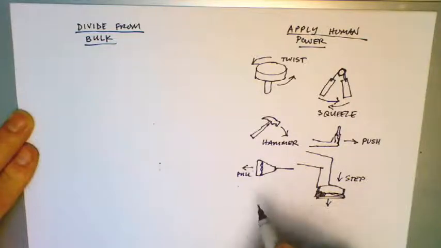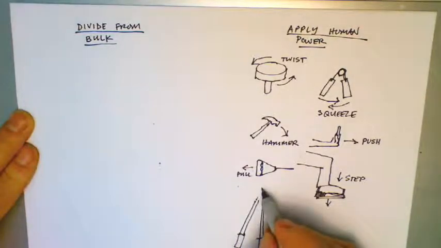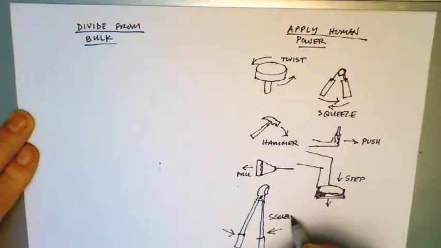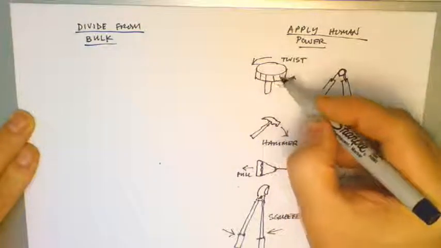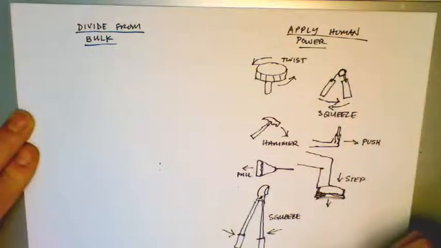We might imagine, and I guess it's a version of squeezing, but I'm thinking about the shears that are used in cutting branches that look like something like that. And that's kind of a squeeze as well. All right, now see what we just did there. We generated a bunch of ideas for how it is that human power can be applied.